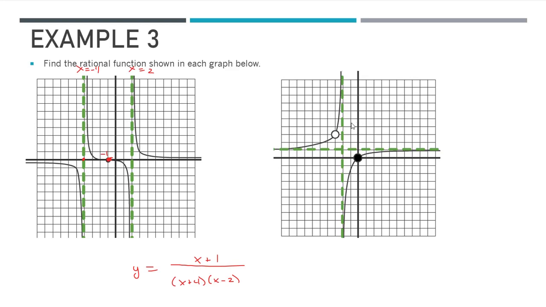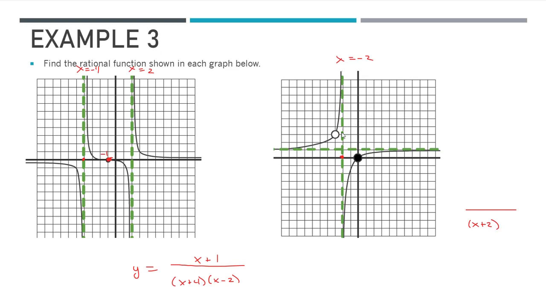Now for our second one, we've got a little bit more going on. You can see we've got a horizontal asymptote that's been shifted up. So we know something's happening there. We've got a point of discontinuity here as well. But I'm going to start in the same place. I'm going to start with my asymptote. So I have one occurring right here, and that's at x equals -2, meaning my denominator is going to be x plus 2.